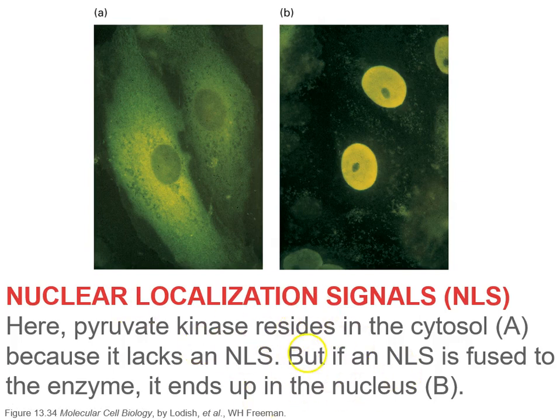You can take one of those nuclear localization signals and do some genetic engineering and fuse it to the pyruvate kinase gene so it expresses a protein with a nuclear localization signal, and if you look in part B, it does end up in the nucleus. These kinds of experiments can help you determine exactly what amino acids are necessary to allow the localization of a protein into the nucleus.